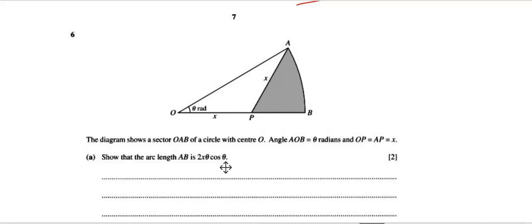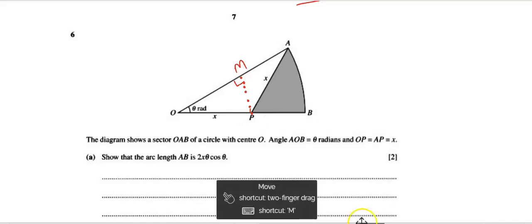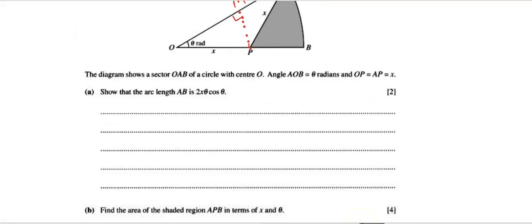We can actually try to sketch, if it is equal, a triangle from here up to P, such that we can call this M. This is forming a right angle triangle, and we can extract this triangle from here. Let's do that. We are simply going to have a smaller triangle.